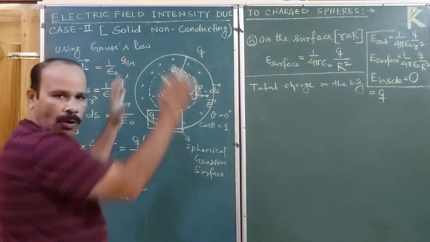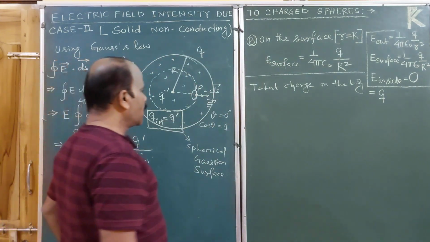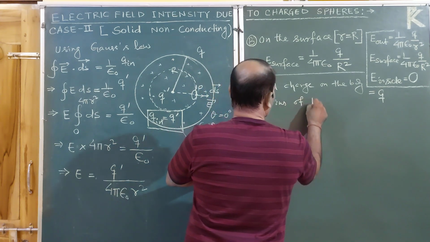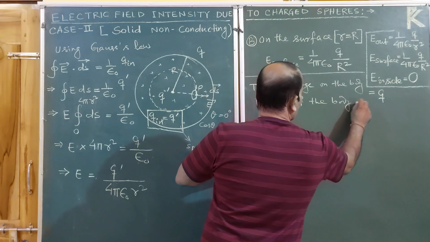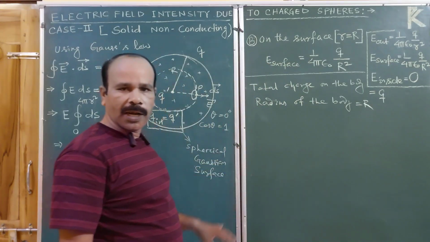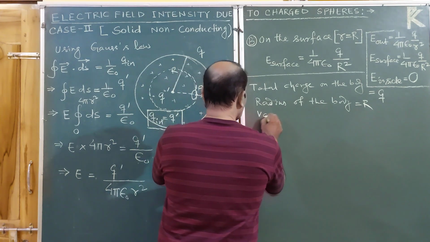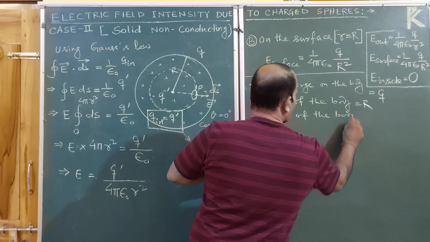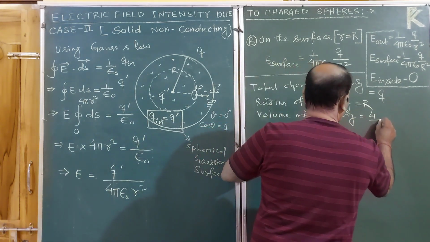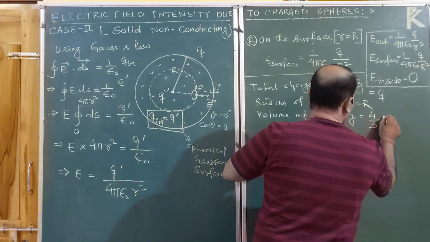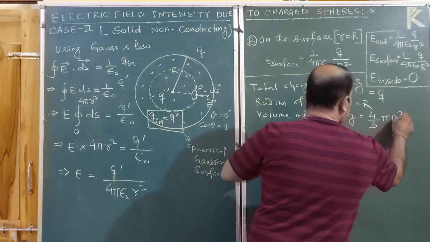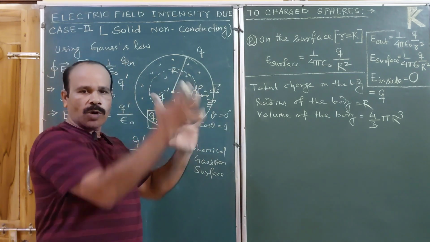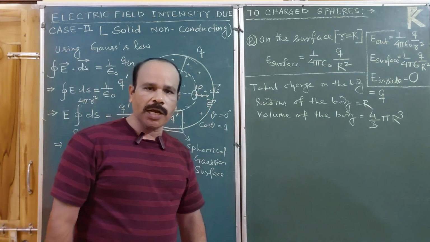Radius of the body is equal to capital R. Volume of the body is equal to 4 by 3 pi r cube, the volume of the solid sphere.